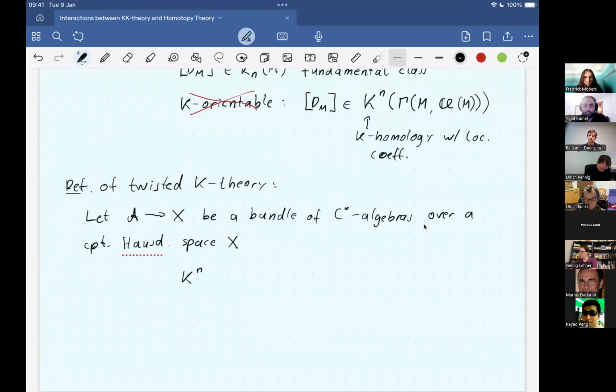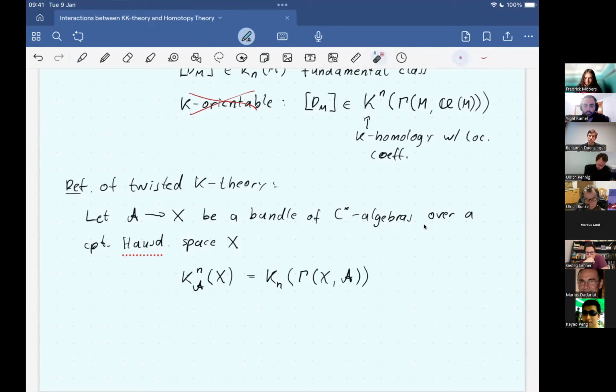So this is now twisted K-theory of the space X with the twist given by this bundle of C-star algebras. I can define this as the operator algebraic K-theory of the section algebra of this bundle.